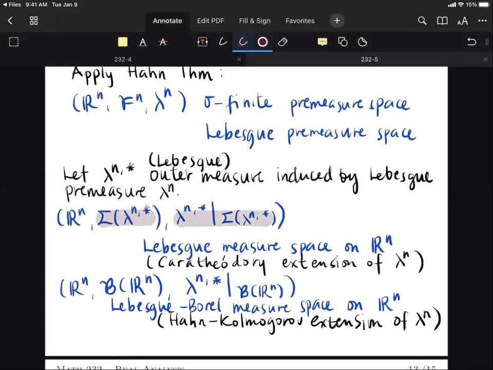And this measure here will be your Lebesgue measure. And the other one is that you could construct the Hahn-Kolmogorov extension of your Lebesgue pre-measure, which is basically obtained by restricting your Lebesgue measure to the Borel sets. Okay. And this measure will be now your Lebesgue-Borel measure.